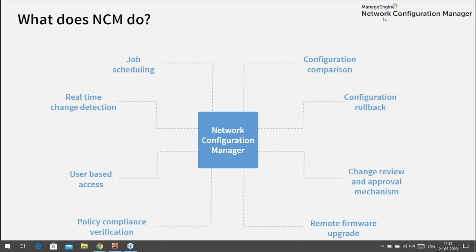You can also remotely upgrade firmware using NCM, and then you can check for policy violations and ensure policy compliance. You can enable user-based access to different devices in your network. You can also detect changes in real time. And finally, you have something called job scheduling, where you can schedule different kinds of network operations in your network.